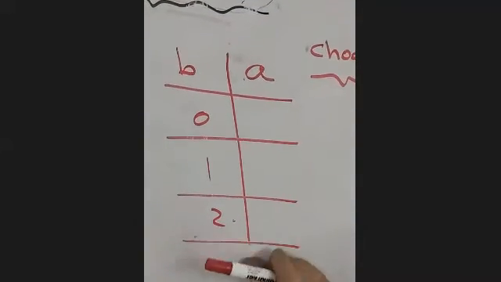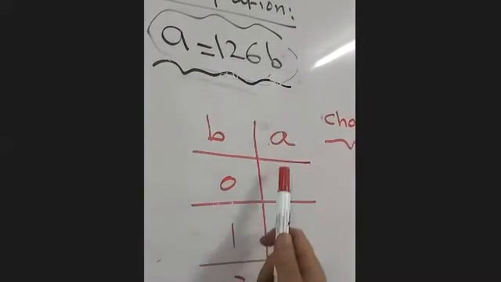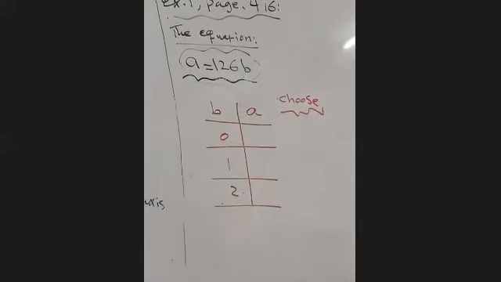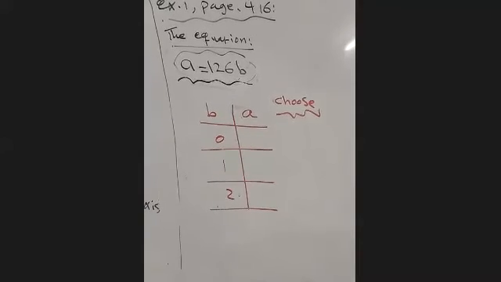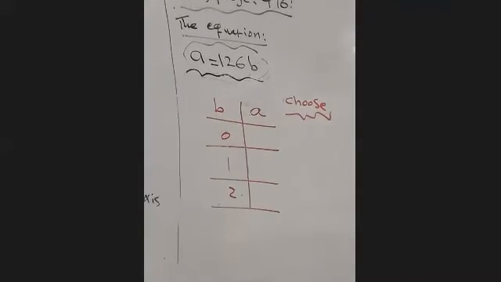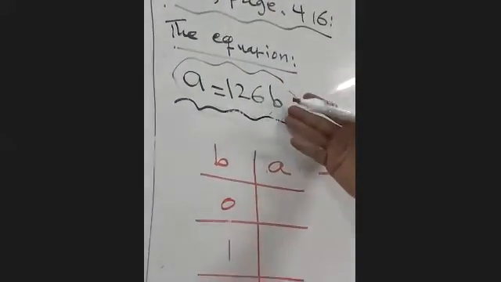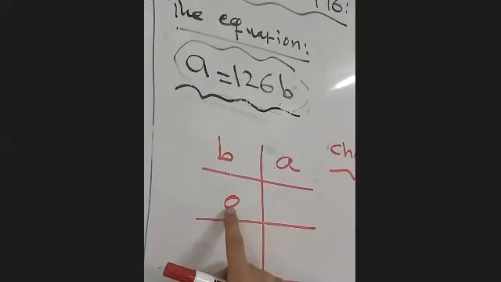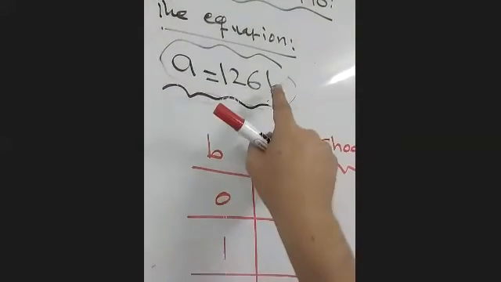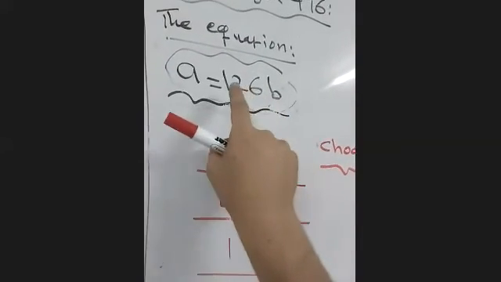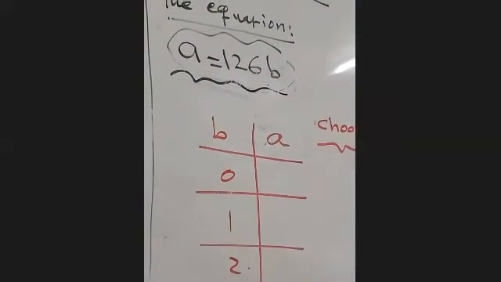Now, what will I do to fill the table? Rayyan, are you with me? Now, I have B equals 0. How can I find A? We have to multiply by 126. Exactly. I will go to the equation which is given in the question and apply it. I will replace B by the given number, which is 0. Let's multiply. 126 multiply 0. How much? 0.